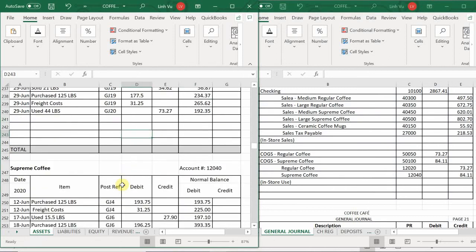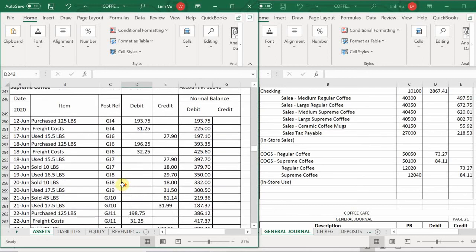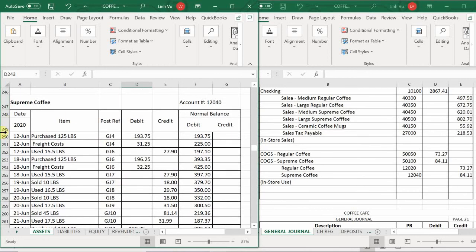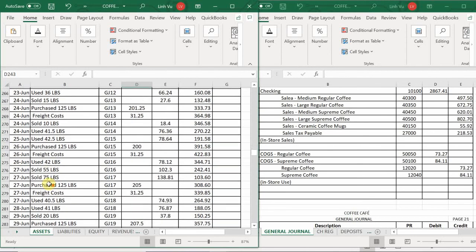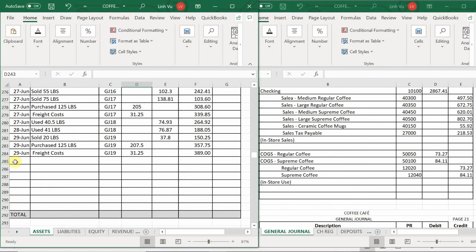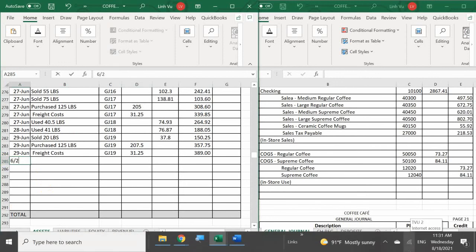All right. So let's go ahead and plug in our Supreme coffee because in this case, 629, we used 44.5 pounds.